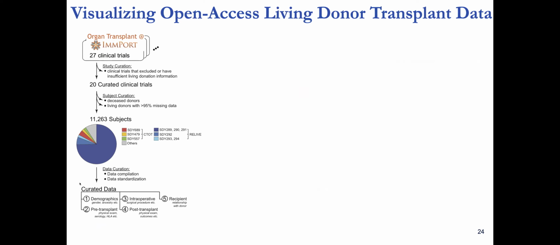As you can see here in the pipeline, of the 27 clinical trials, we curated 20 from about 11,000 subjects. We compiled and standardized the data, and the data had demographics. We had pre-transplant, intraoperative, post-transplant, and recipient data as well, but we were focusing on donors.